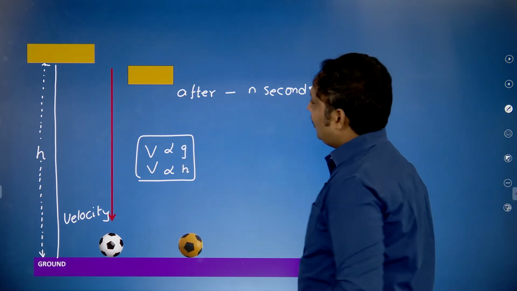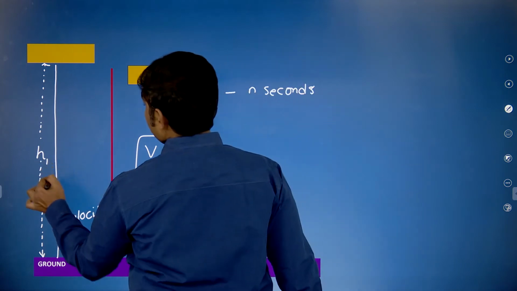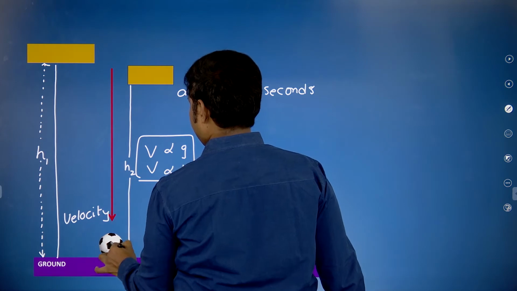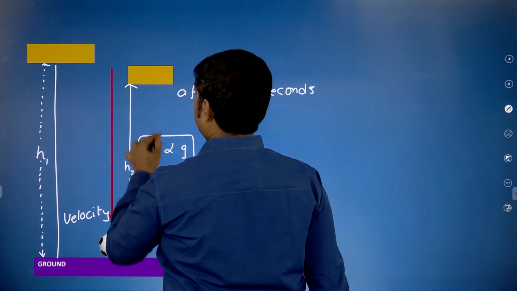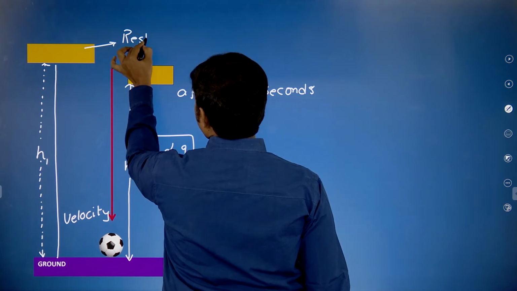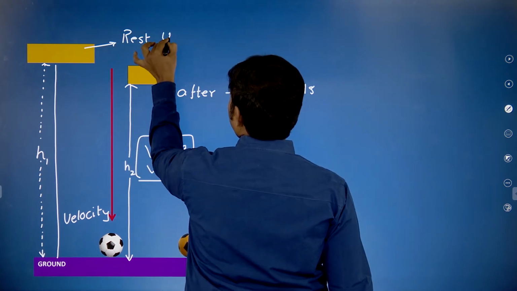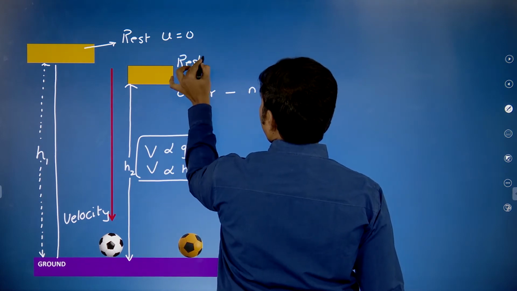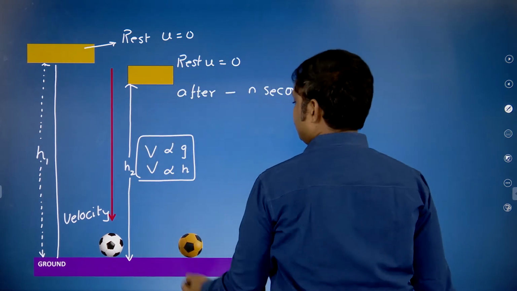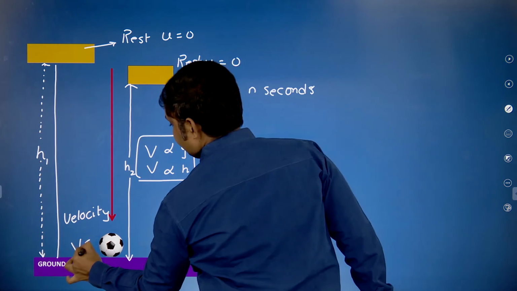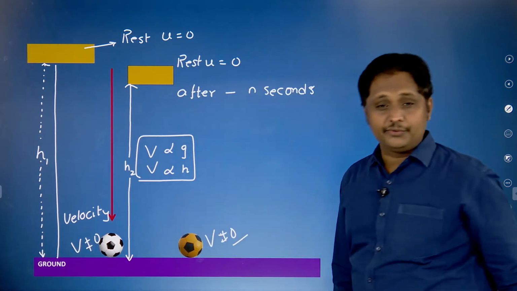This is going to be H1, this is going to be H2. If both are started from rest, let's assume its initial velocity is going to be 0.